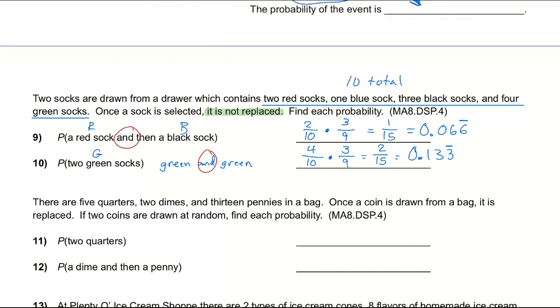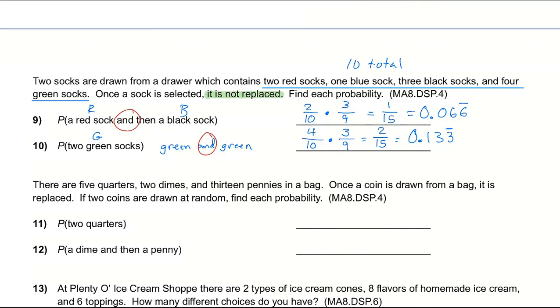The next ones, 11 and 12. There are 5 quarters, 2 dimes, and 13 pennies in one bag. So 5, 6, 7 plus 13 is 20 total. Once a coin is drawn from the bag, it is replaced. So these are independent events, so the total will not change.